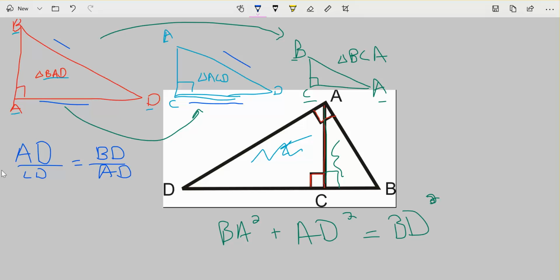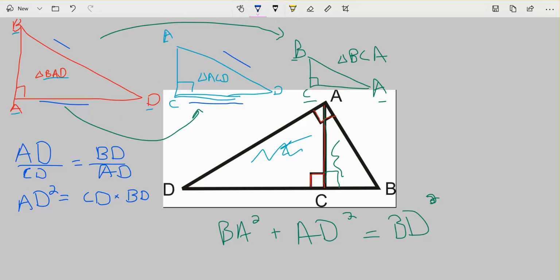Okay, and then I'm going to do some cross multiplying real quick, and that means that AD squared is equal to CD times BD. I just cross multiplied to get that. Okay, so that's these first two triangles.